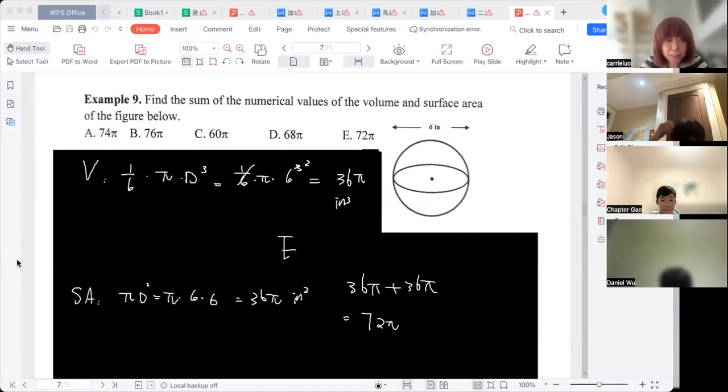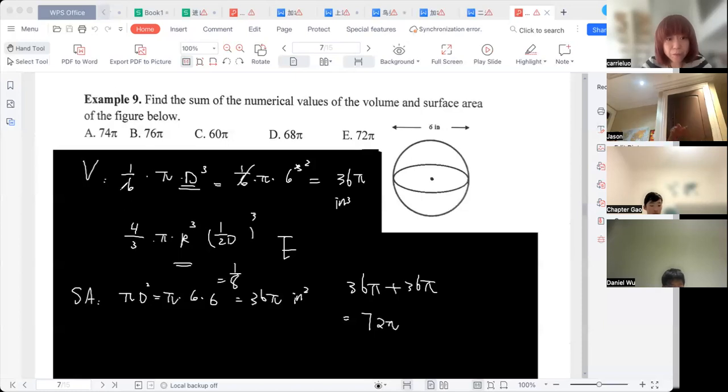Wait, I have another question. What if we use volume equal to 4/3 pi r squared? Let's ask Daniel to tell you. Daniel, tell me, you said you remember everything. When do we use 4/3? It's for a sphere, right? One uses pi r cubed and the other uses diameter. Jason, one uses diameter and one uses radius. Why? You'll know once I say it: the radius equals 1/2 of the diameter, and cubed that is 1/8.